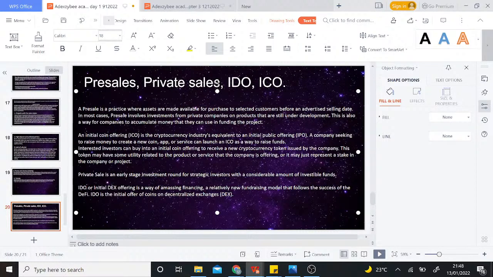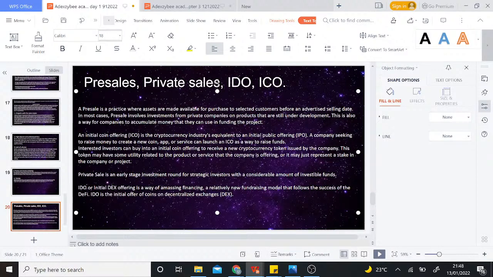When the project is live and people begin to use the coin, they will have to buy from those that bought the ICO, or maybe there will be limited supply left. So the price will increase fast as people begin to use the platform.